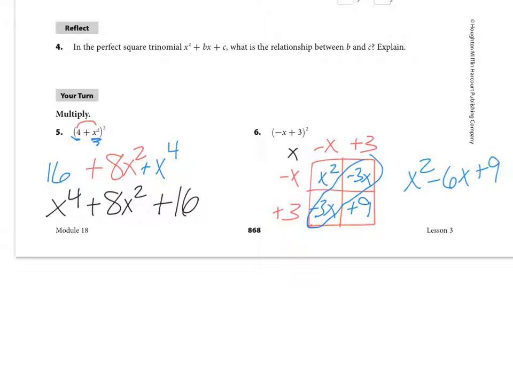So if we're squaring it, let's think about what's the square root of 16? The square root of 16 is 4. Well, what's the square root of 9? The square root of 9 is 3. Now there's a relationship that works for both of these, which is, in this case, 8 is 4 doubled. 6 is 3 doubled. Now we're back to why we double that middle term.